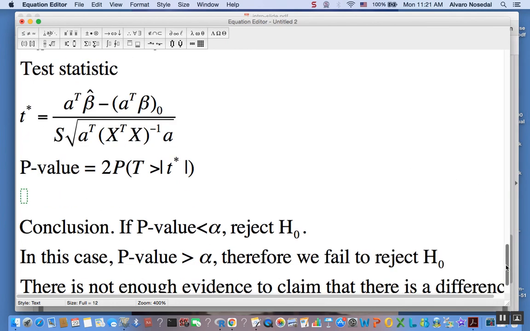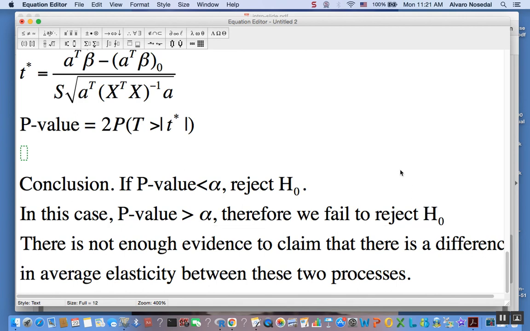But it's the same usual 4-step procedure for a hypothesis test: state your null and alternative hypotheses, find a test statistic, use either the p-value approach or the rejection region approach, and finally state your conclusion.